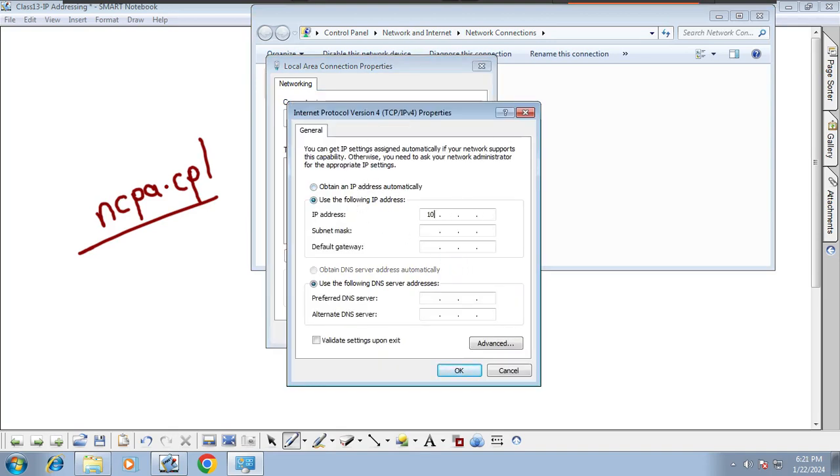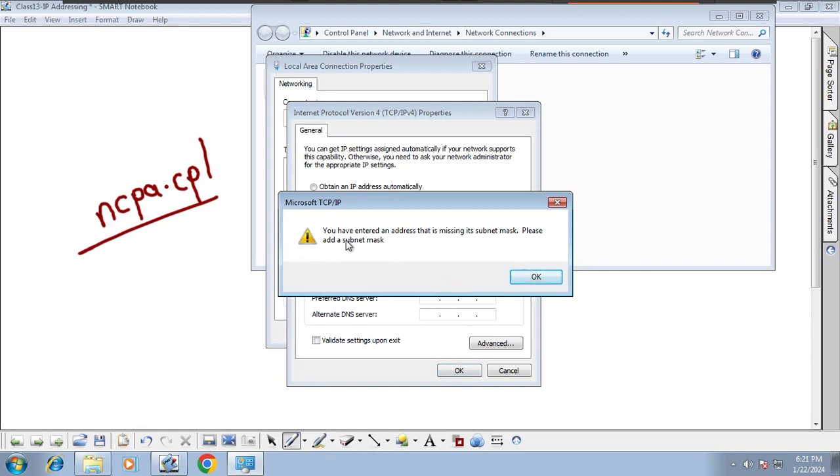Now I will type an IP address here, 10.0.0.1. I will remove the subnet mask. When I try to say OK, it shows a message: you have entered an address that is missing its subnet mask.